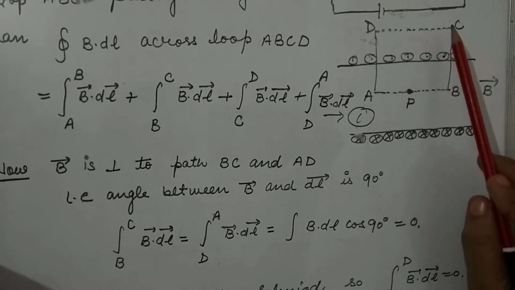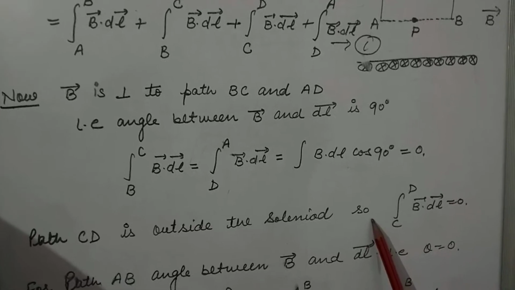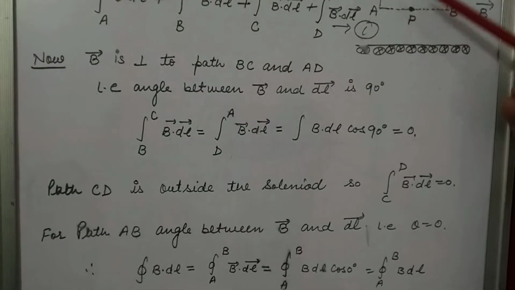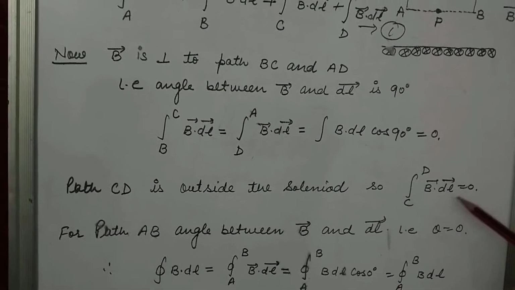Now path CD is outside the solenoid, so outside the solenoid there is no effect of the magnetic field.